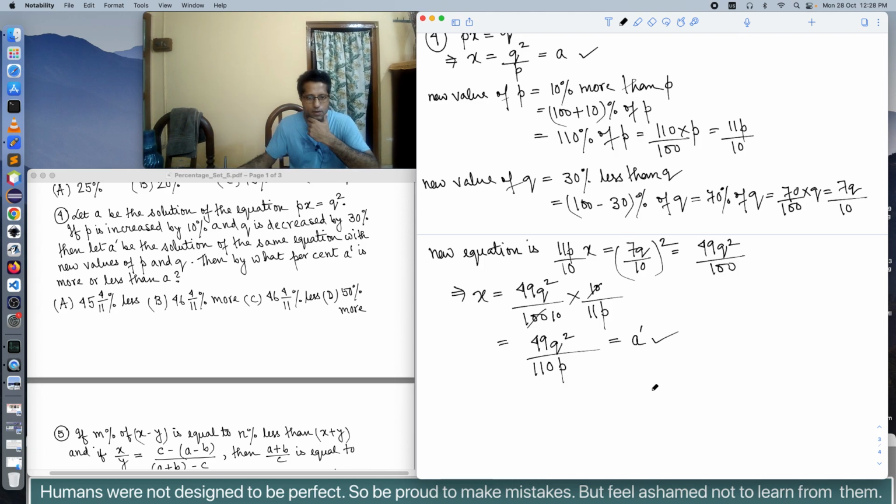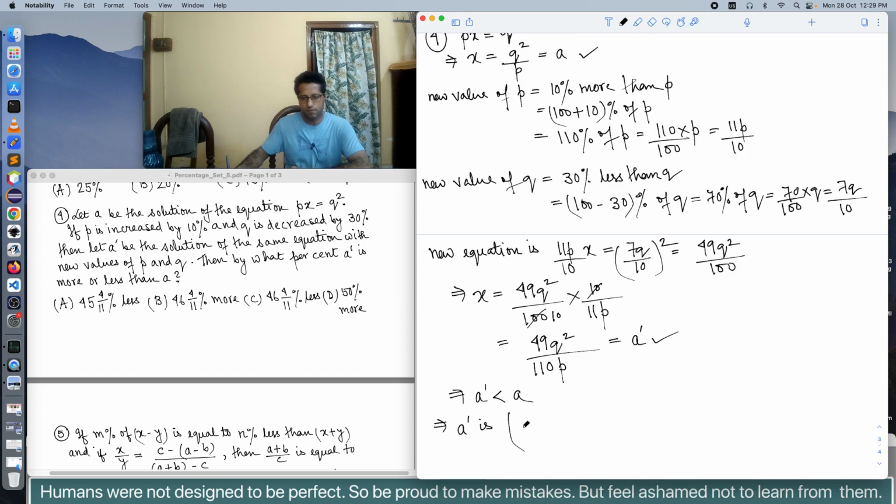Now it is asking by what percent A dash is more or less than A. Now A dash is 49 q square divided by 110 multiplied by p, and A was q square by p. Since the fraction 49 by 110 is less than 1, definitely A dash is less than A. So how much less is A dash than A?